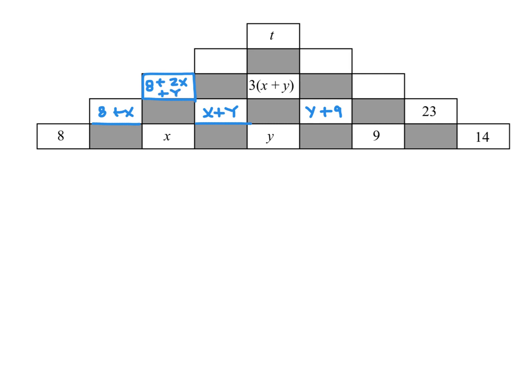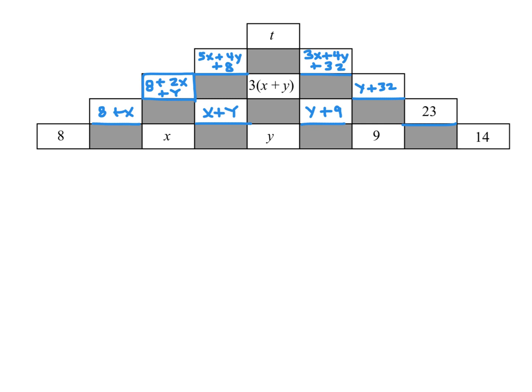And then similarly, this box would be the sum of that and that. So that's going to be y plus 32, I believe. And then you guys get the hang of it. That one is going to be 5x plus 4y plus 8. And then this final one there would be 3x plus 4y plus 32.